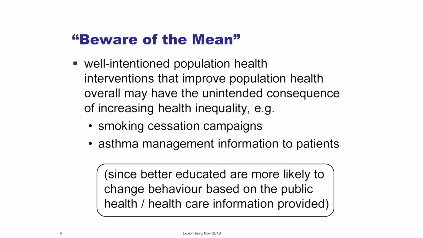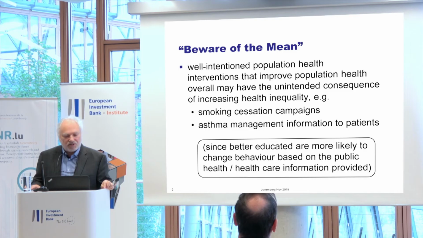Why is this salient? Well, one of the reasons, there's the phrase, beware the mean, right? The person who drowned crossing the river that was on average 20 centimeters deep. So there are well-intentioned population health interventions like smoking cessation campaigns and asthma management programs.